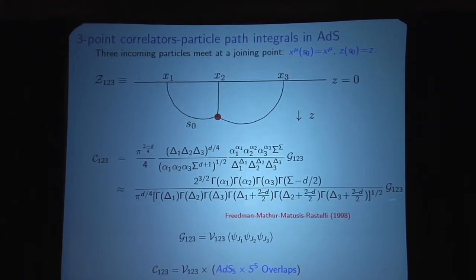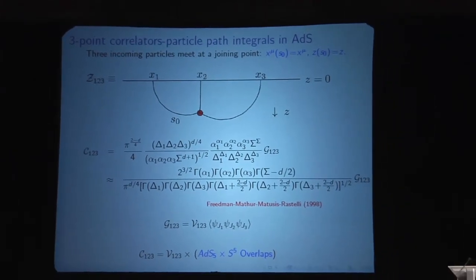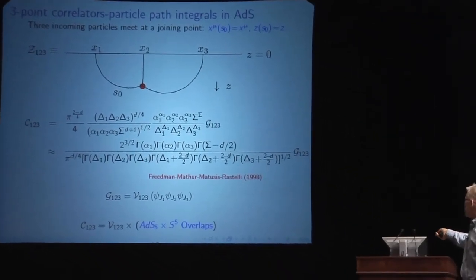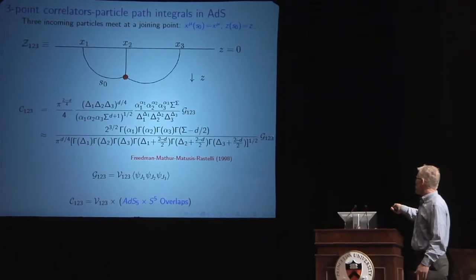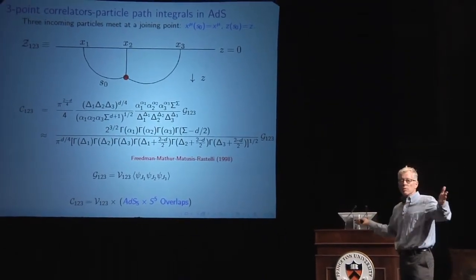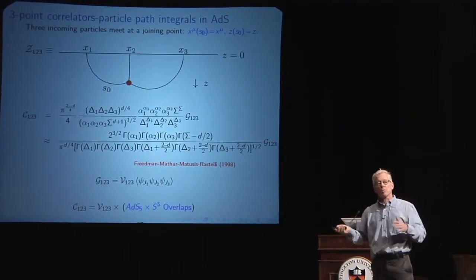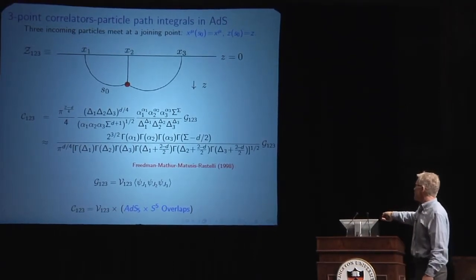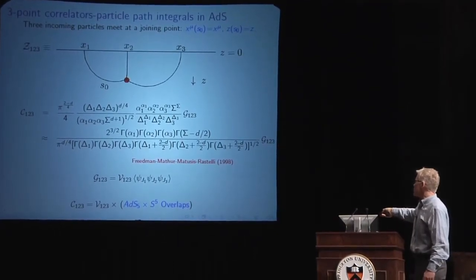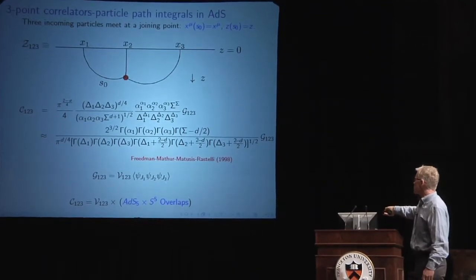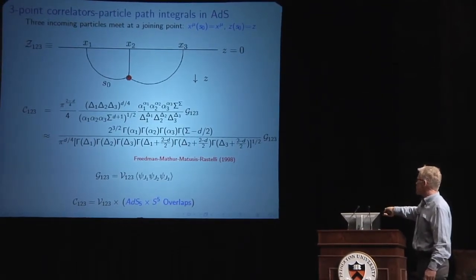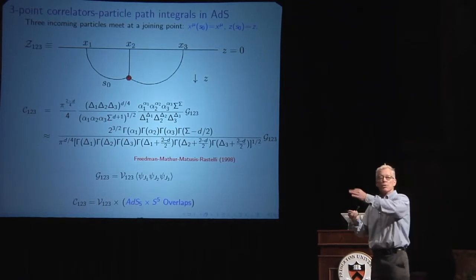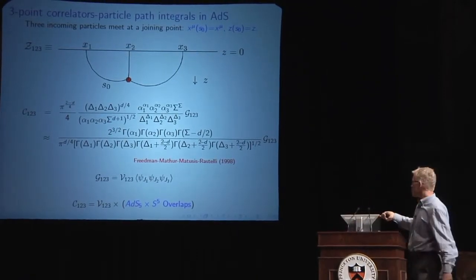Okay, so one more thing about this G123 is that this coupling, we also have an S5 that's around here. So we have to take into account the effect of that. What I'm going to assume is my states are basically going to be harmonic functions on the S5, and so they're labeled by some R charges. So this part in here is an overlap integral for 3 harmonics on the S5.